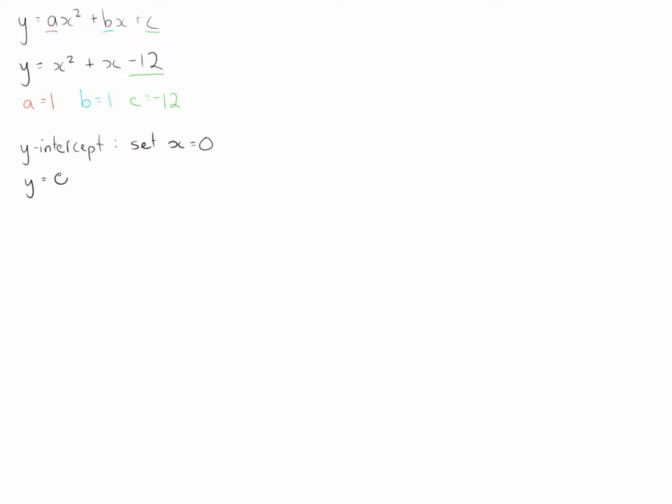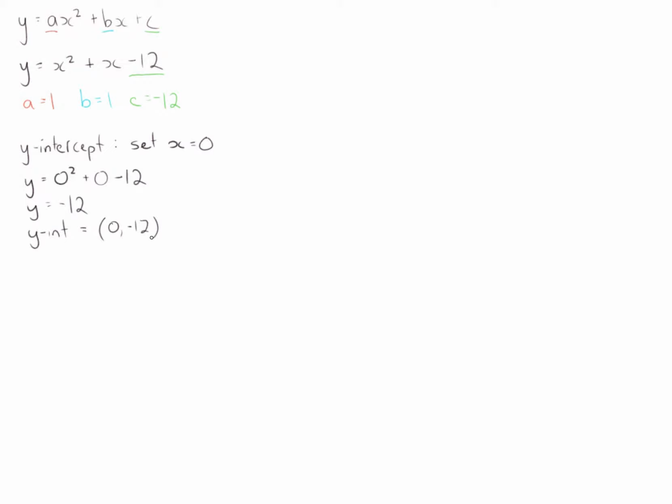So we get 0 squared plus 0, take away 12. Quite easy to see that this parabola must cut the y-axis at y equals minus 12. Or we could put it into a coordinate form and say that the y-intercept is the point 0, negative 12.